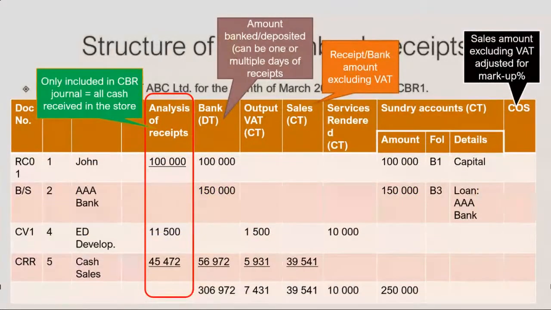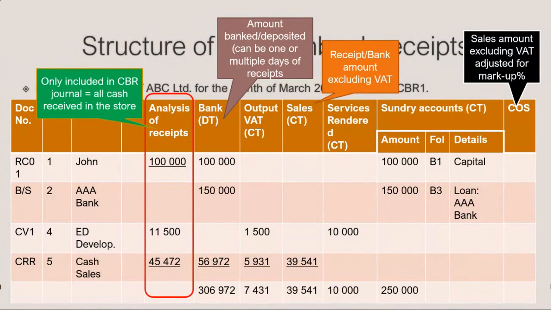Okay, so just to recap on the structure we did in class, that analysis of receipt, that is only the receipts that you physically receive in the store. Okay, so the money you received in the store would be shown in the analysis of receipt. Then in that bank column, we will only show the money that was physically taken to the bank and put into our bank.